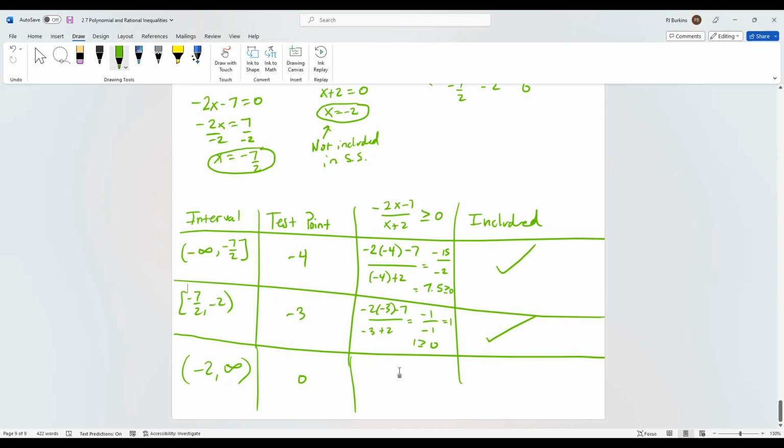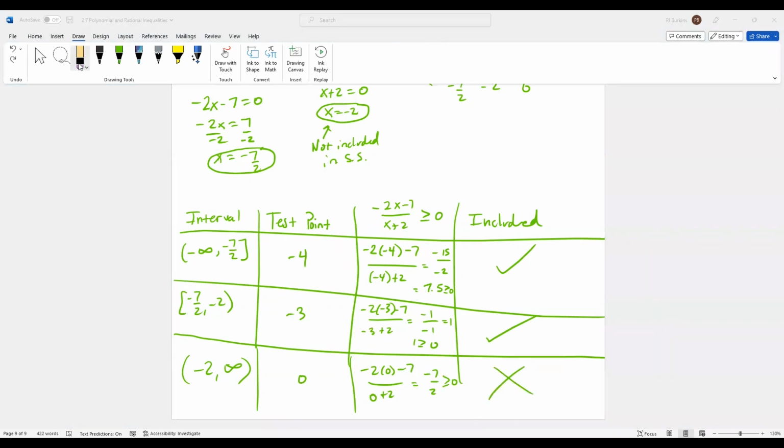And then we need to plug in 0. So negative 2 times 0 minus 7 over 0 plus 2. That's negative 7 halves. That is not greater than or equal to 0. So we do not include this one.